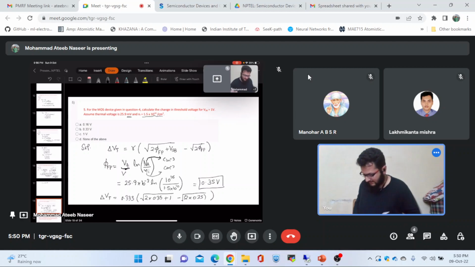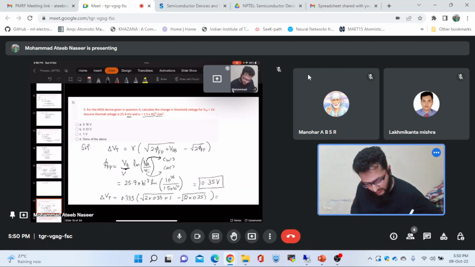Now let us again do the calculations. This is 0.35 into 2 plus 1, root of 1.7. Root of 1.7 is 1.3038.